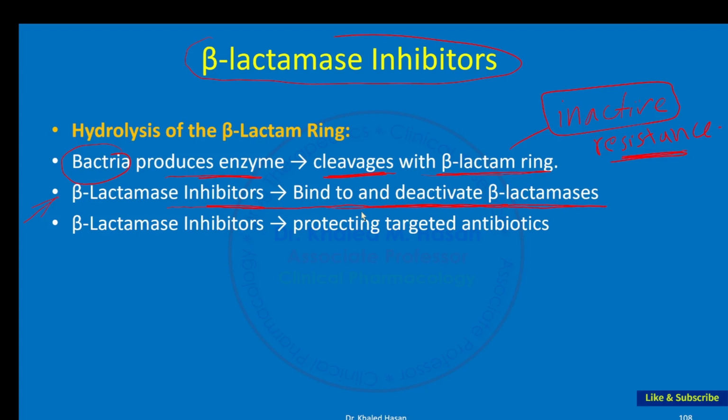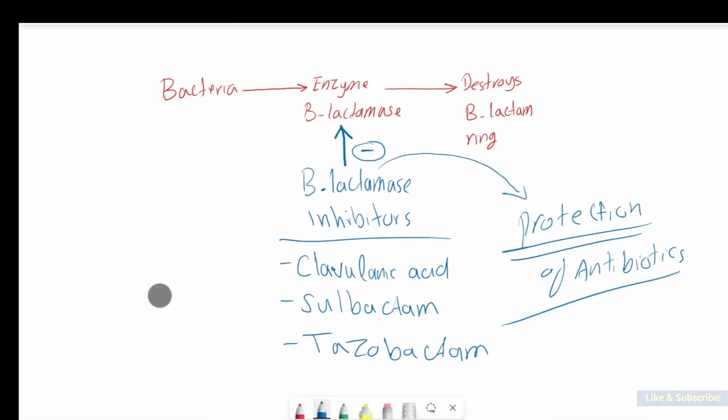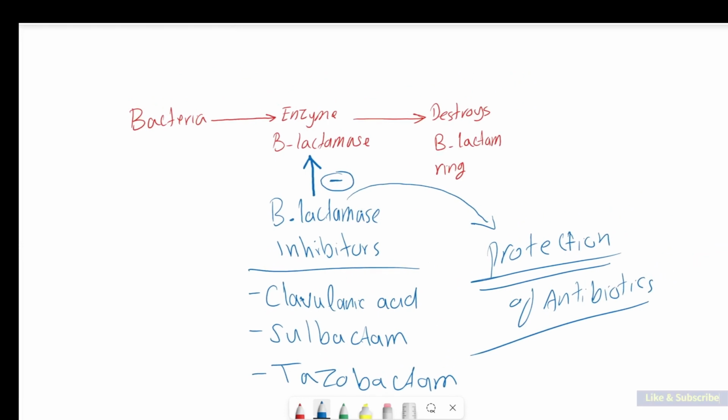I have it in the slide here. The bacteria produce an enzyme called beta-lactamase, and this beta-lactamase is responsible for cleavage and destruction of the beta-lactam ring in the antibiotic.